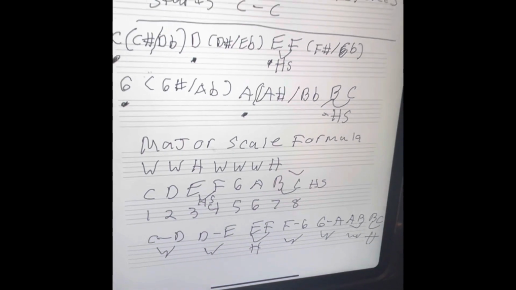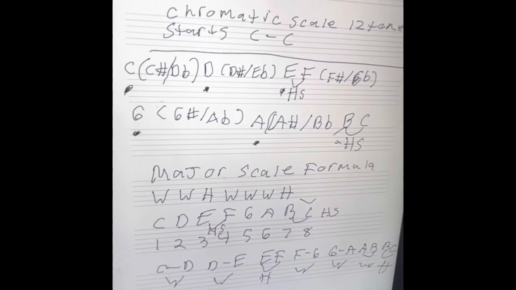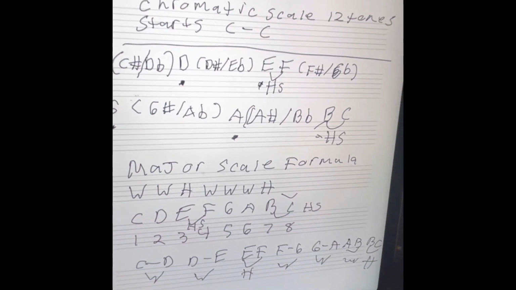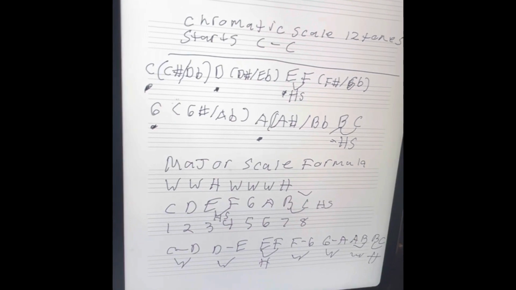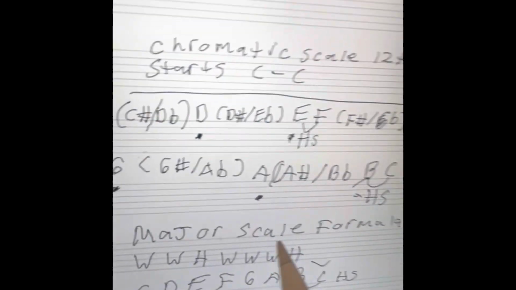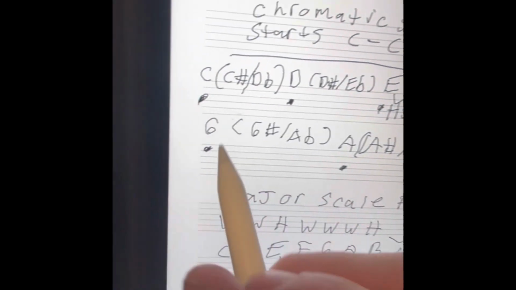And then whatever note you want to do, like for example, whatever scale, if we're taking the G major scale and plugging in the formula whole, whole, half, we would start from the note G instead. So if we start from the note G here, that would be your first degree.